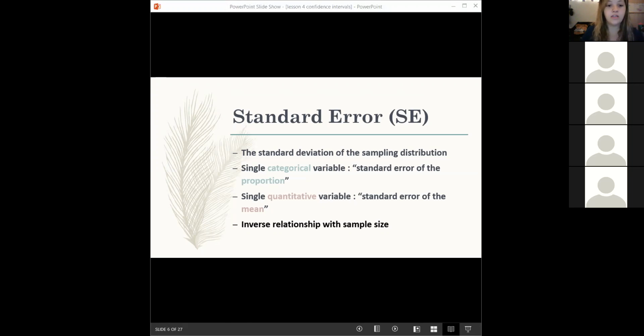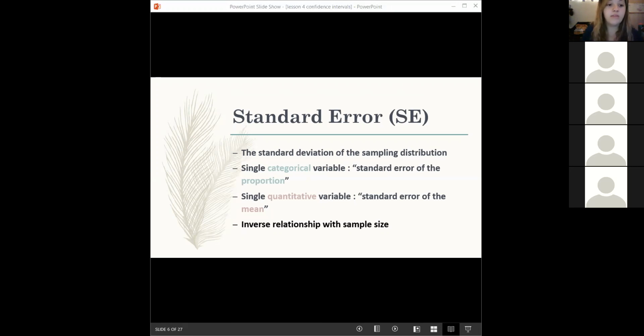So, the inverse relationship with sample size: if our standard error goes up, that means we had a smaller sample size. Remember, we always want a large sample size. If we increase our sample size, we will have a smaller standard error, which is good. If we decrease our sample size, we will have a larger standard error.